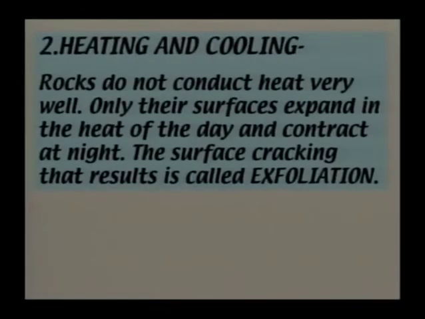The second example we look at is heating and cooling. For heating and cooling, you note that rocks do not conduct heat very well. Only their surface expands in the heat of the day and contracts at night.